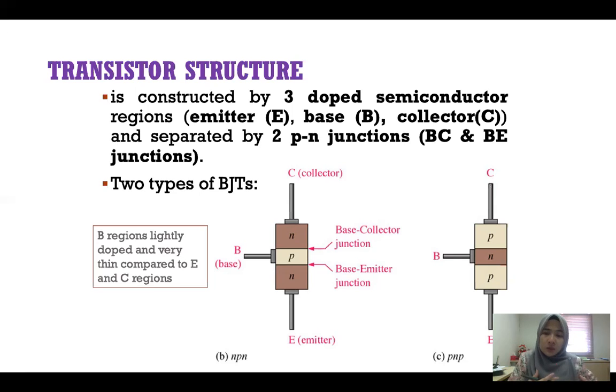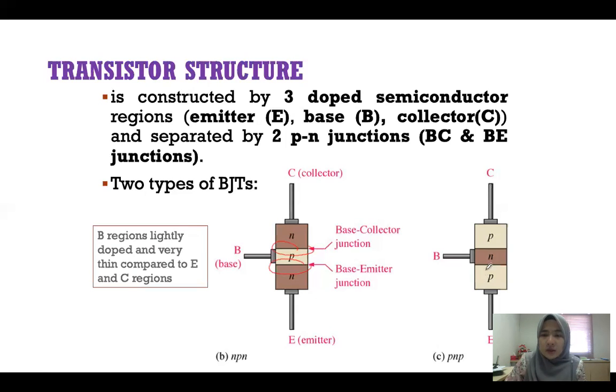But the difference between a diode and a transistor is that for a diode, you only have an N region and a P region, so you only have one PN junction. But in a transistor, you have N region, P region, N region, so you have two PN junctions: the first PN junction and the second PN junction.